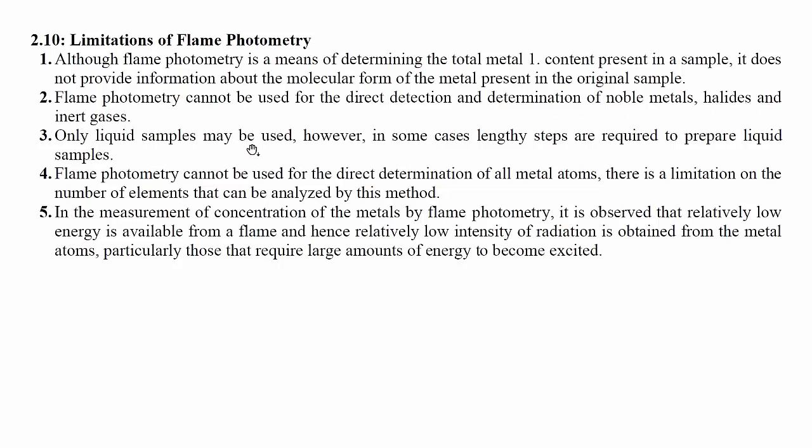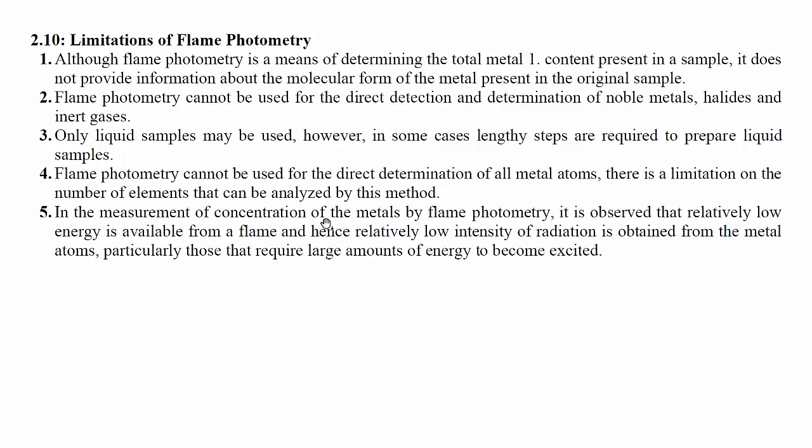Only liquid samples may be used, however, in some cases lengthy steps are required to prepare liquid samples. 4. Flame photometry cannot be used for the direct determination of all metal atoms. There is a limitation on the number of elements that can be analyzed by this method.